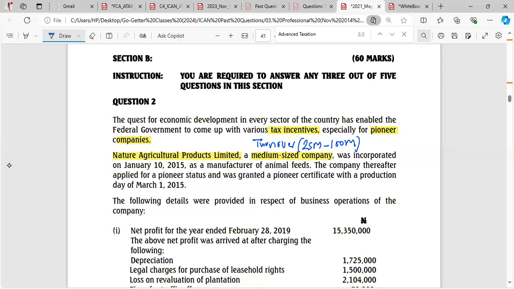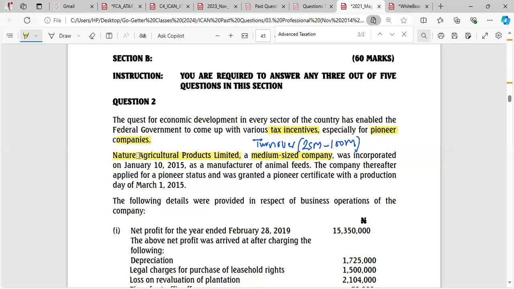A small size company has turnover less than 25 million. A medium size is between 25 to 100 million, and a large size or a big size company is over 100 million. So it's of importance to note here that this medium sized company is being stated. So note those keywords as they come in the exams.